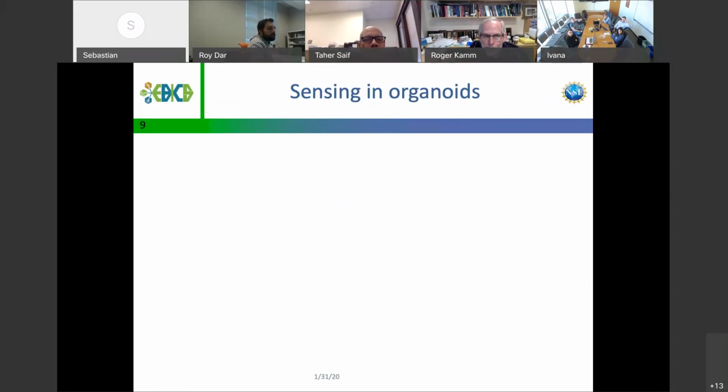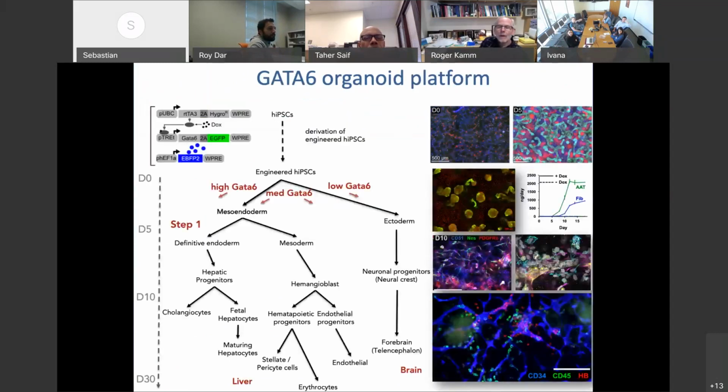Yeah, so it turns out that it's not really high, medium, low. We've been looking at this question a little more consistently and looking at GATA6 distribution levels. What we hypothesize now, and again, we're in the midst of trying to understand that, is that the first iPSCs have low GATA6, then you have endoderm, which have a fairly wide diversity of GATA6 expression levels.